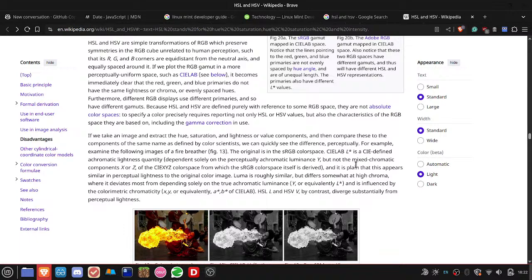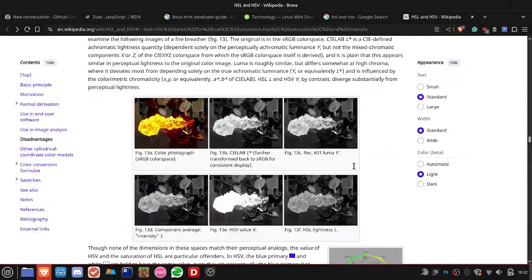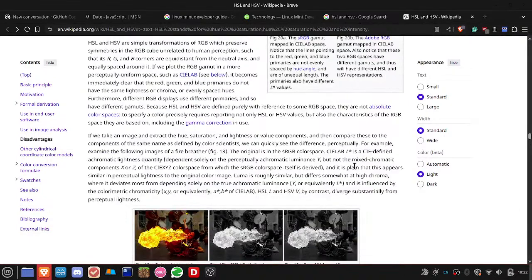CIE L-star is a CIE defined achromatic lightness quality dependent solely on the perceptual achromatic luminance Y, but not on the mixed chromatic components X or Z of the CIE XYZ color space, from which the sRGB color space itself is derived. I will explain that this appears similar in perceptual lightness to the original color image.